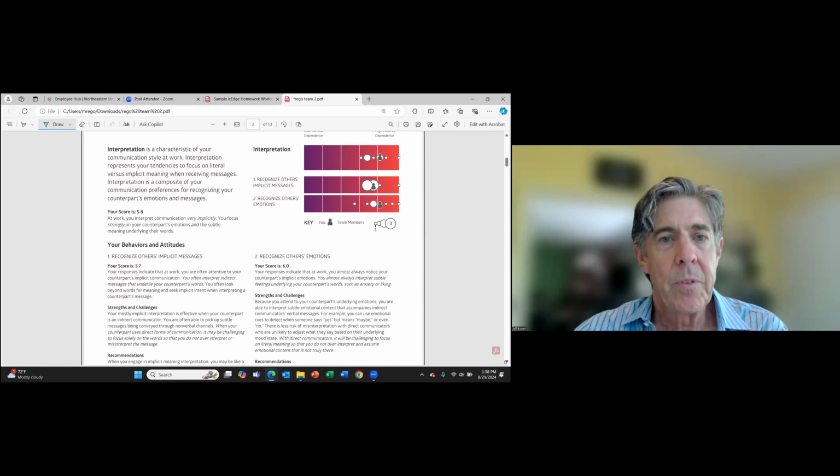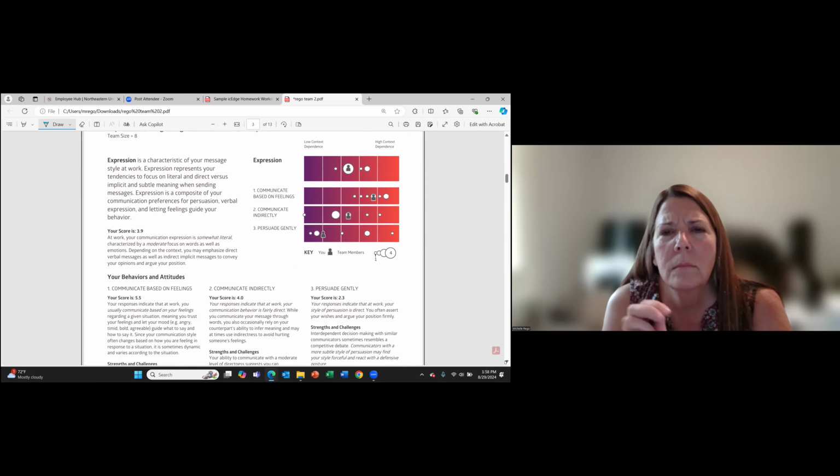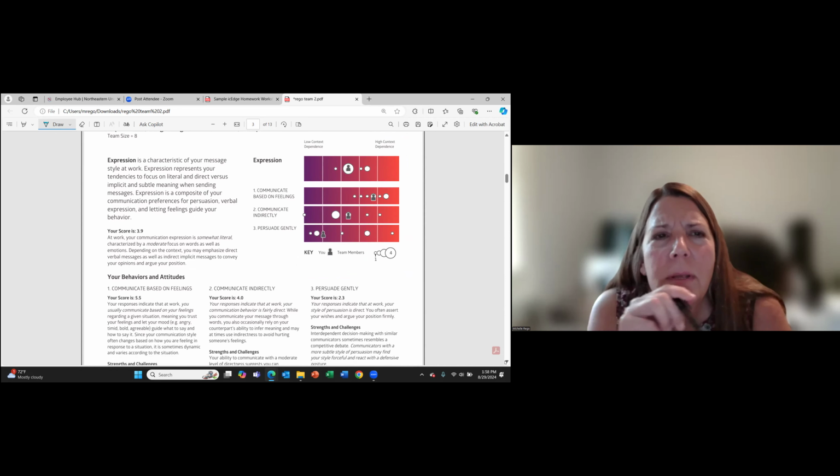It just takes more time to go through one by one. Expression is all over the place. Yeah, I have that one marked as well in my notes.